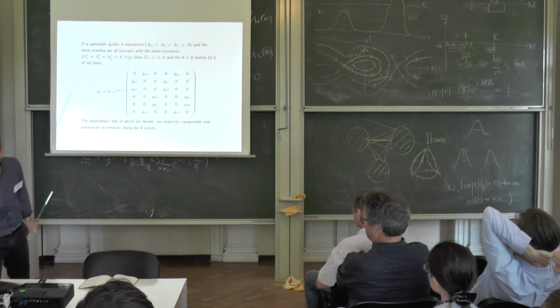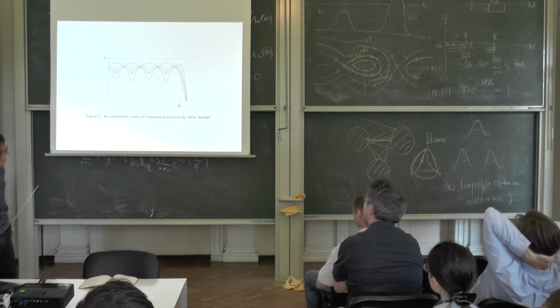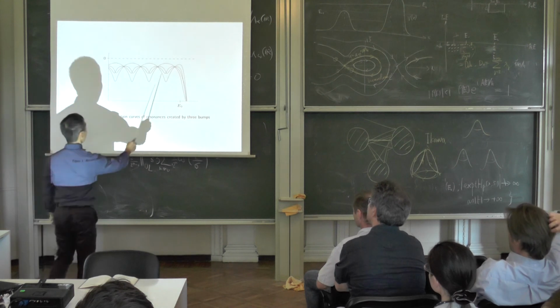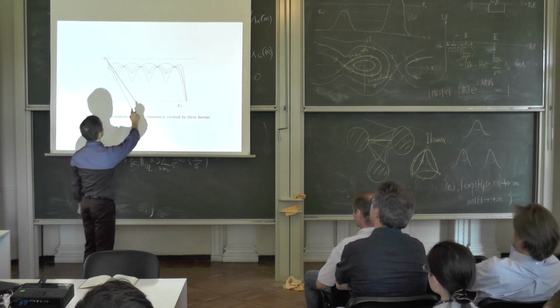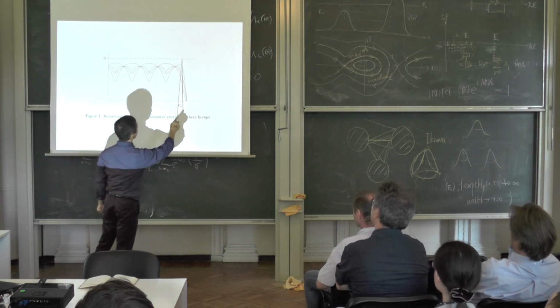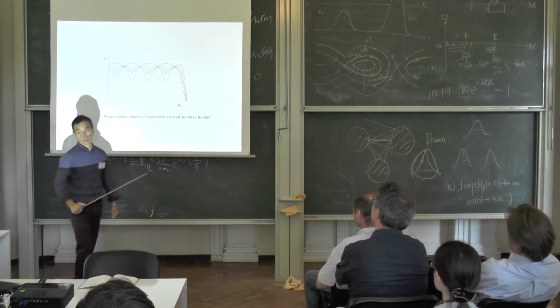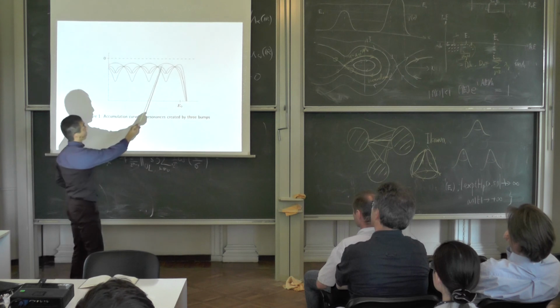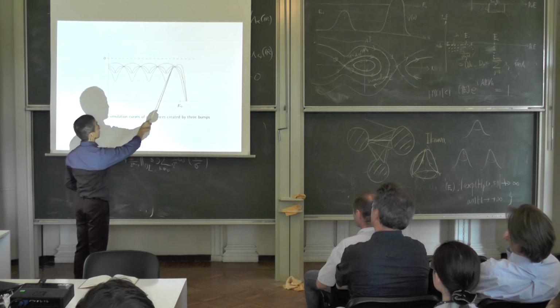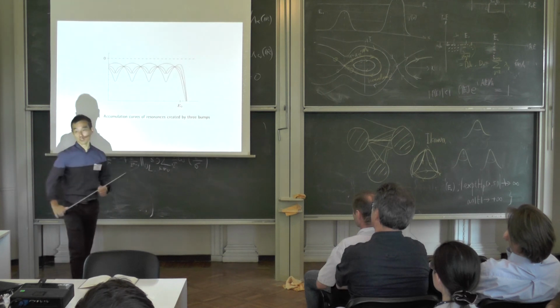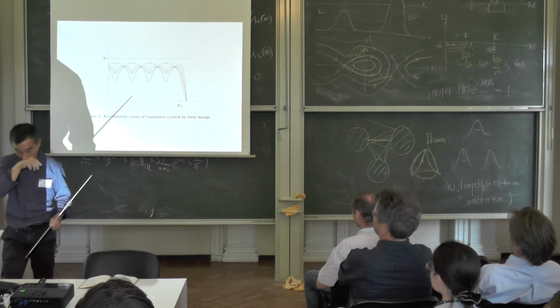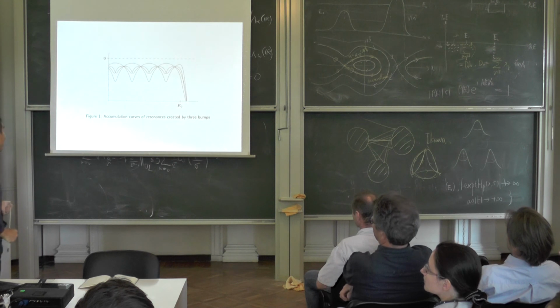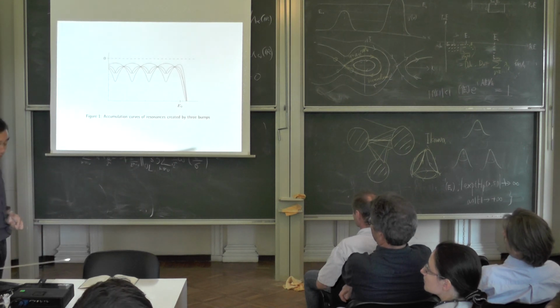So anyway, we have 4 lines for the resonances. This means that this is the real axis, this is E0, and resonances accumulate along these curves. This is a result explicitly computable for this case.